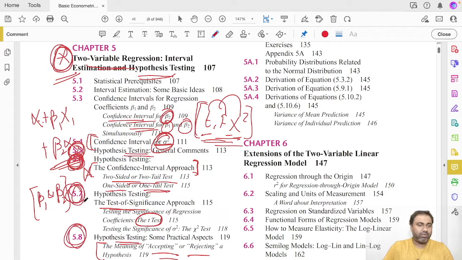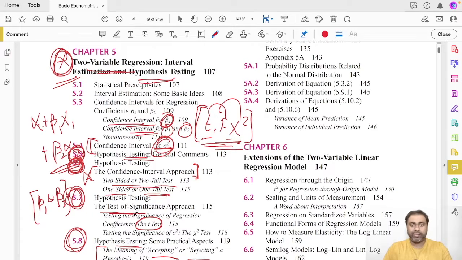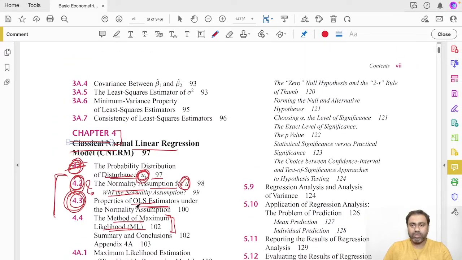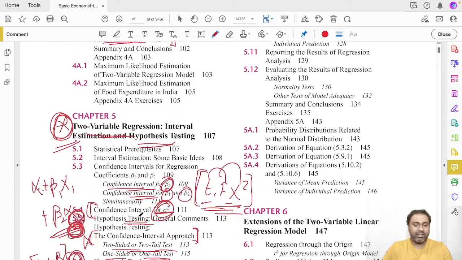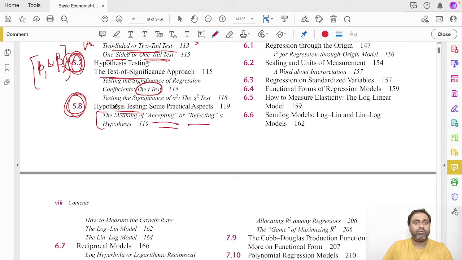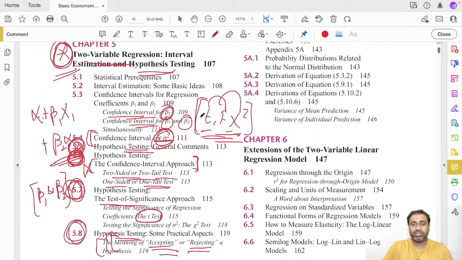Let me outline the important parts: 5.4, 5.5, 5.6, 5.7, 5.8. These are important things. When we look at 5.8, what is the meaning of hypothesis testing and accepting or rejecting a null hypothesis?